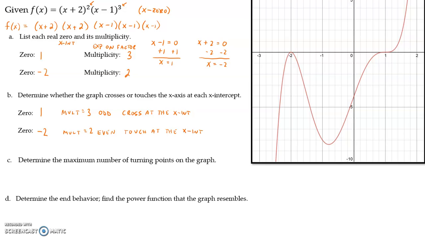Let's take a look at the graph over here on the right-hand side. If we take a look at the zero of negative 2, you'll see that the graph touches the x-axis right there at the negative 2, and it should because that multiplicity was even. And if we take a look at the x-intercept of 1, you're going to see that the graph crosses through that x value at 1.